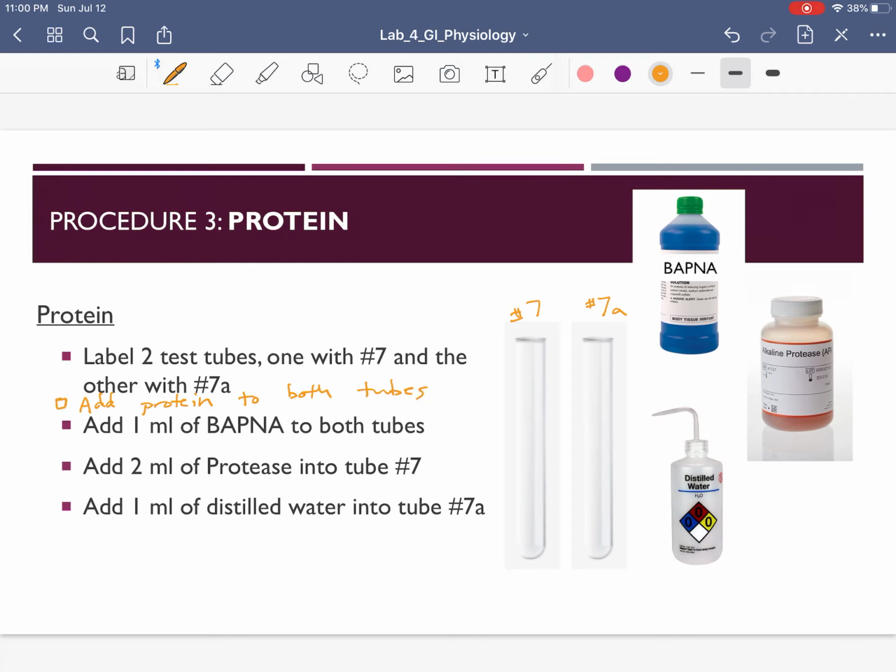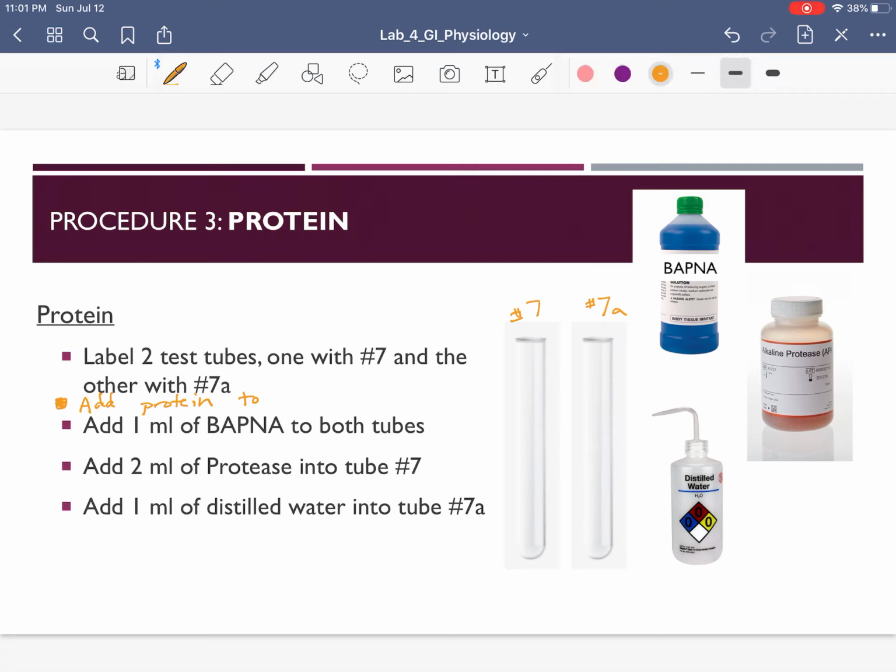So just add this as another little bullet point here that I forgot to add, and I apologize. To both test tubes, actually, see, this is a good example of it being okay to make mistakes as long as we correct them.